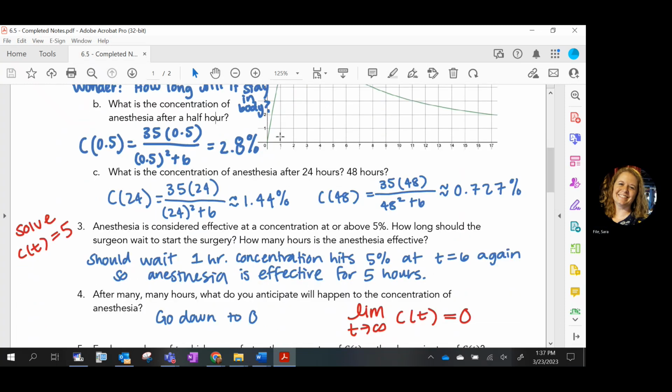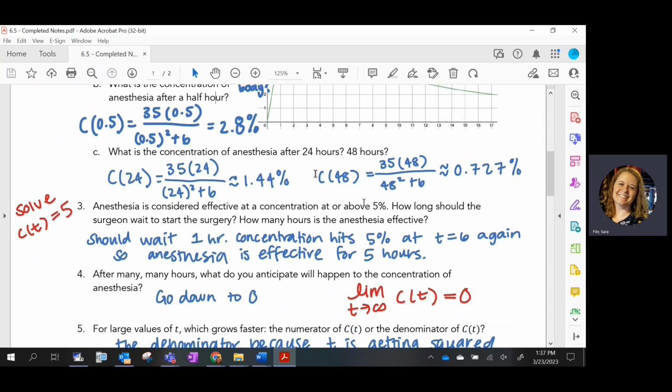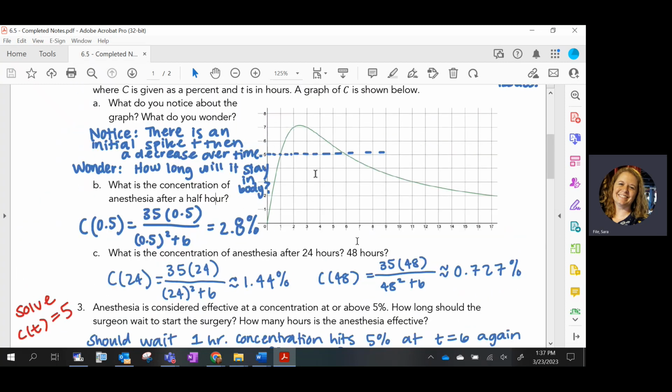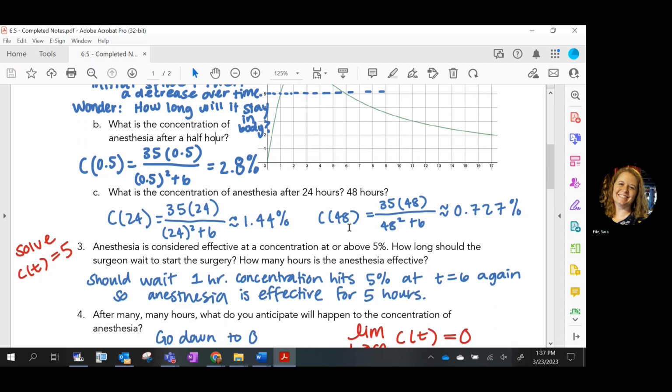Okay, and there were two questions there. How many hours is the anesthesia effective? It's where it crosses that threshold at about 1 hour until around 6 hours. So that's a total of 5 hours. Everybody good with that answer?